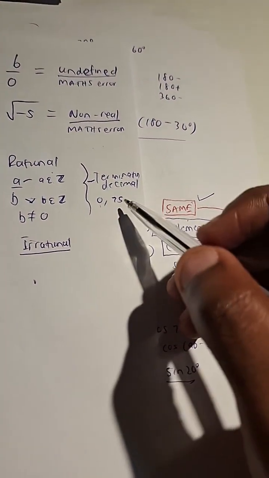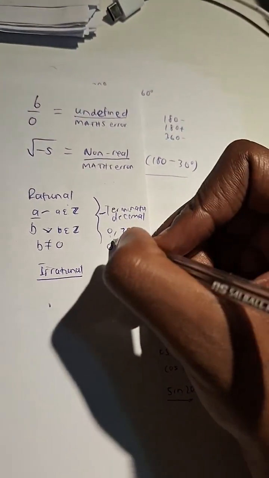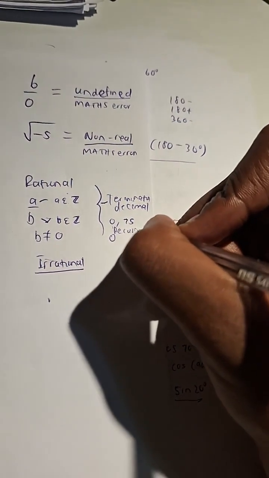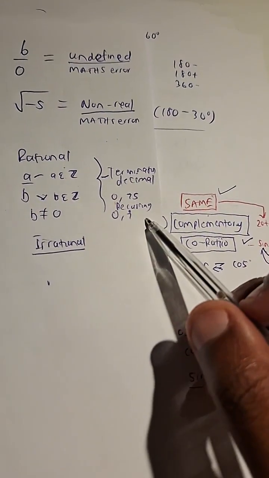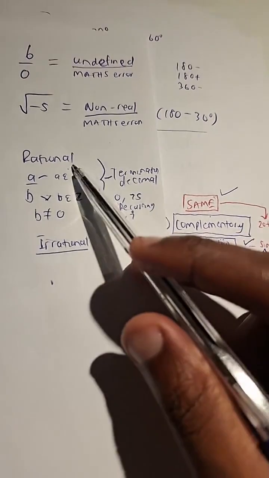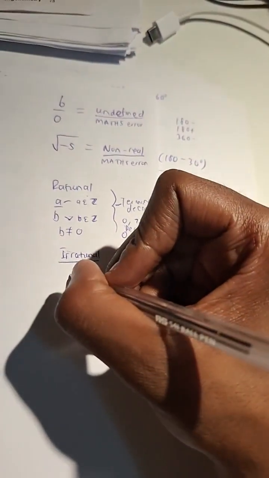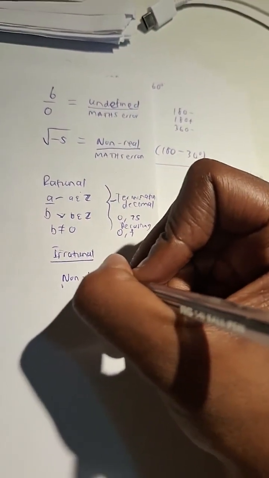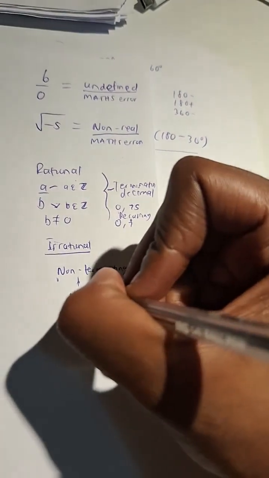To terminate something means to stop it, like 0.75. Or it can be recurring, like 0.7 with a repetition of a number after the comma without stopping. Those are rational numbers. But irrational numbers are non-terminating and non-recurring.